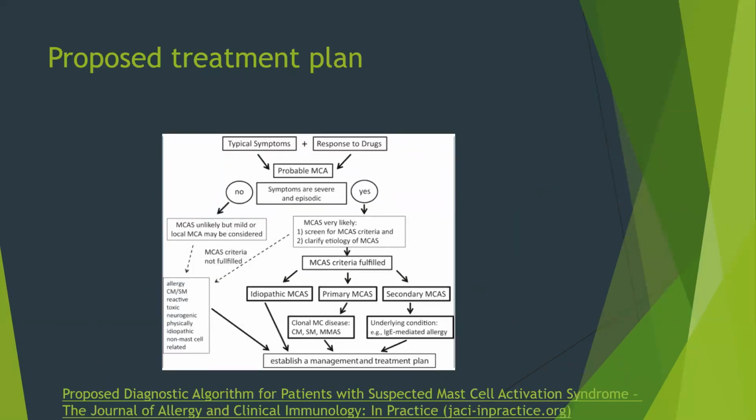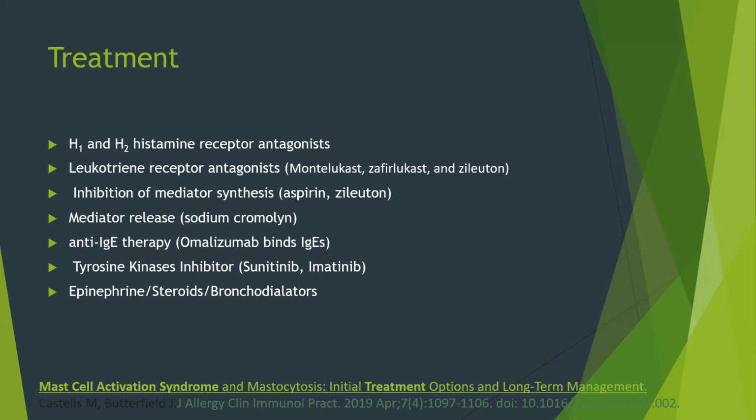And what is the proposed treatment plan? So first you have to find out what you are dealing with, and after you figure that out, the treatment plan will be blockade of histamine receptors, and you want to blockade both H1 and H2.